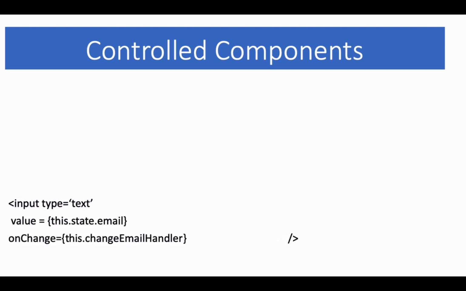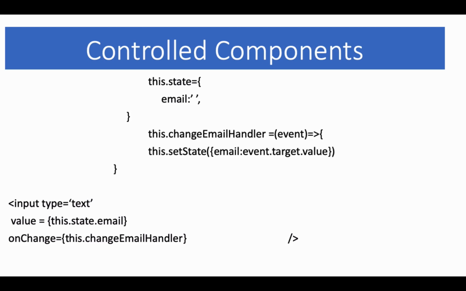How do we deal with values that can change within a component? We use state and setting state. In a controlled component, the value of the input field is set to the state property. Here, as we see, in the onChange handler, we use the setState method to update the state.